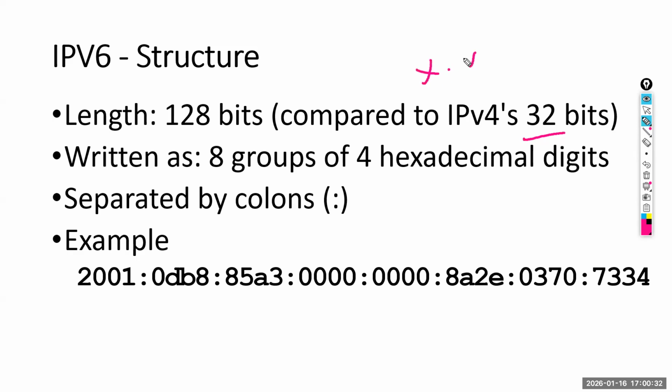Each one is 1 byte. 1 byte, 8 bit, 8 bit, 8 bit, 8 bit. That is 32-bit. But IPv6 is 128 bits. That is 4 times bigger. Not twice, 4 times. So there you have a huge number of IP addresses. It's not going to run out.